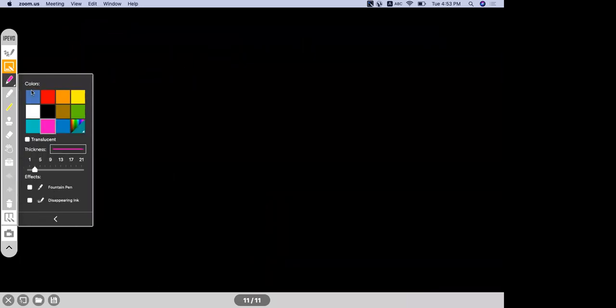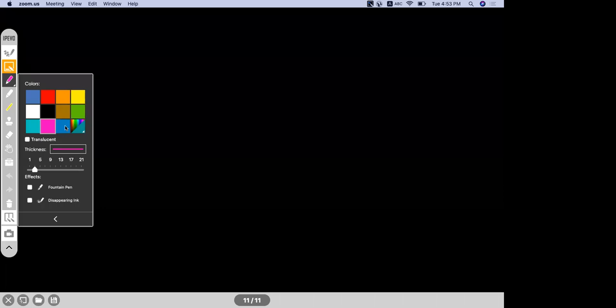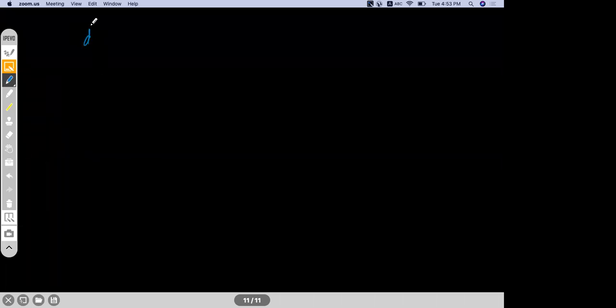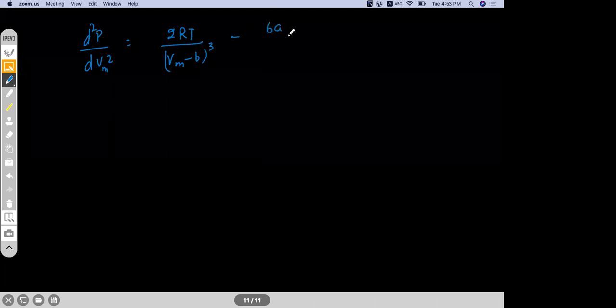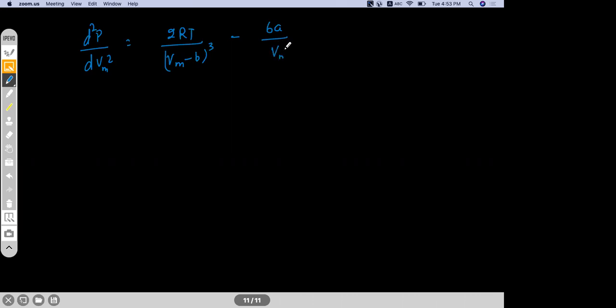When we differentiate this, that is d2P by dVm square, this would be 2RT by (Vm minus b) cube minus 6a divided by Vm to the power 4, and this will again equate to 0.